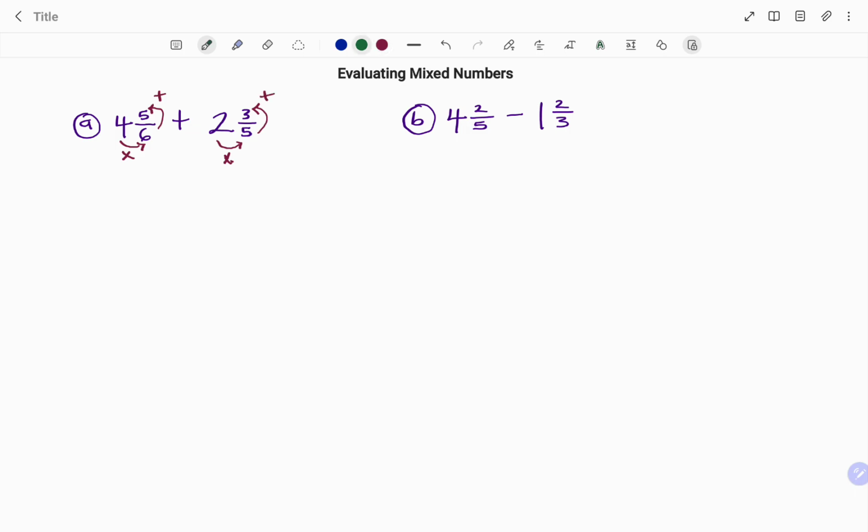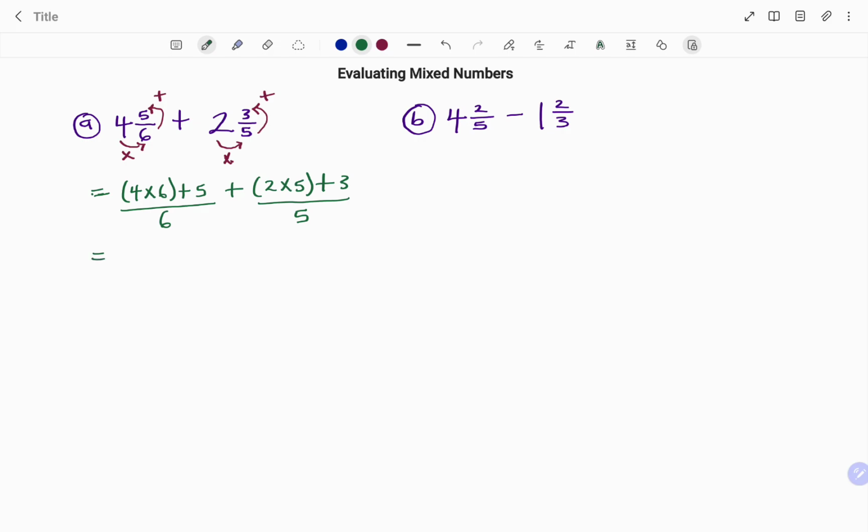So what that gives me is I have 4 times 6 plus 5 divided by, I maintain my denominator, that's 6, plus I have 2 times 5, plus my numerator, that's 3, divided by my denominator, that's 5.